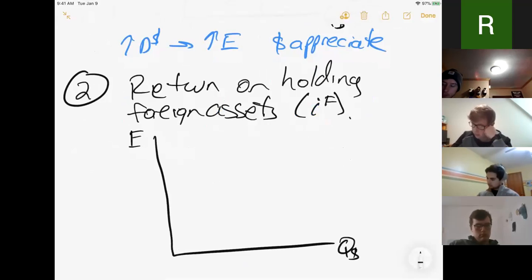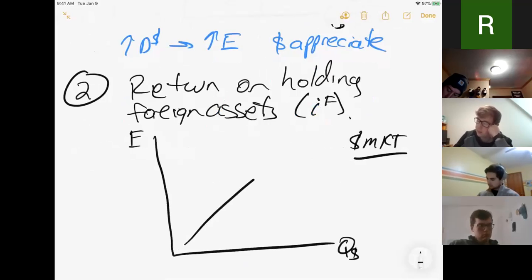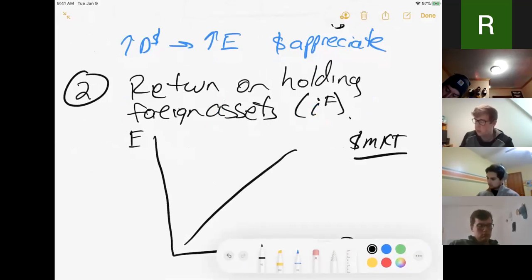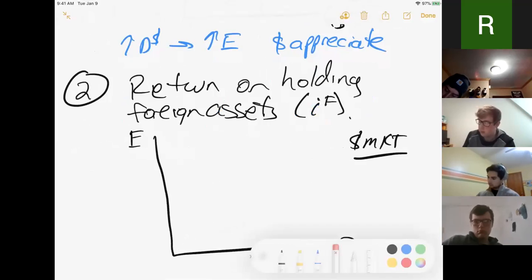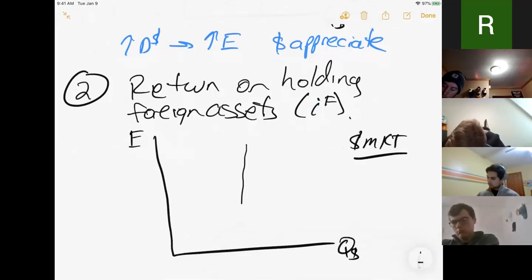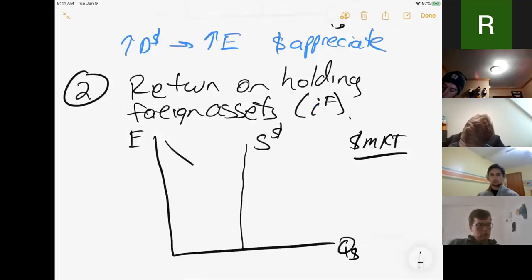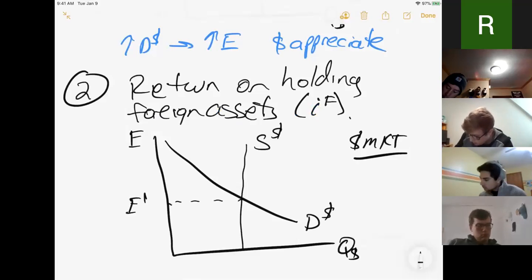So here's our foreign exchange dollar market. For some reason my graph is leaning to the left. Sorry. Okay, so here we are in equilibrium.